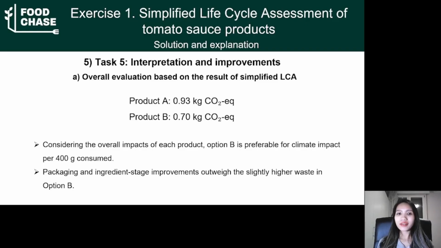So, considering the overall carbon footprint, option B is preferable for climate impact per 400 grams consumed. Packaging and ingredient stage improvement in option B outweighs the slightly higher waste rate.